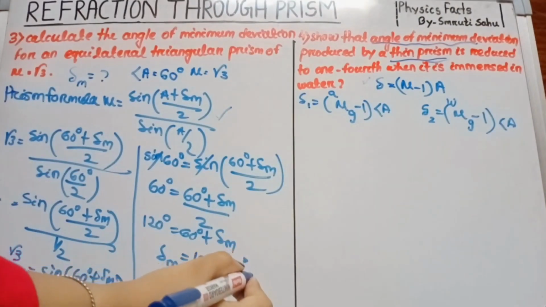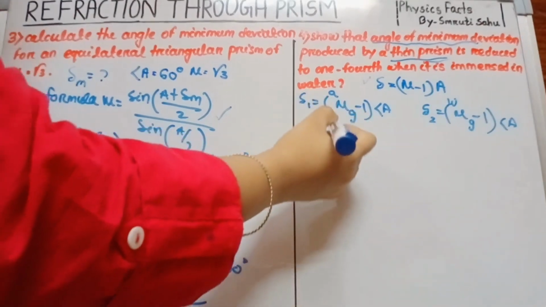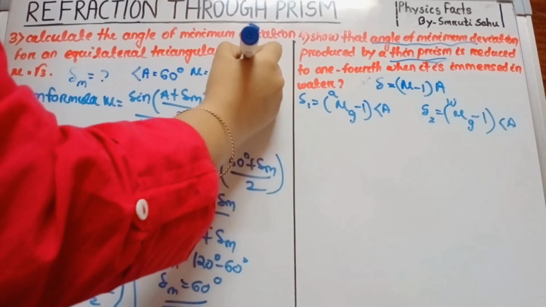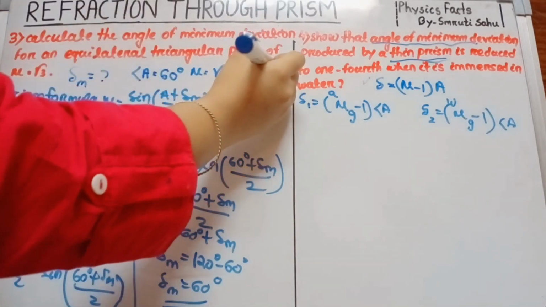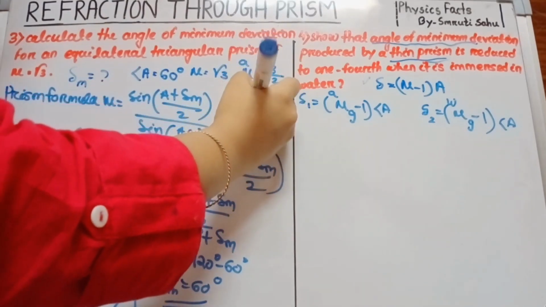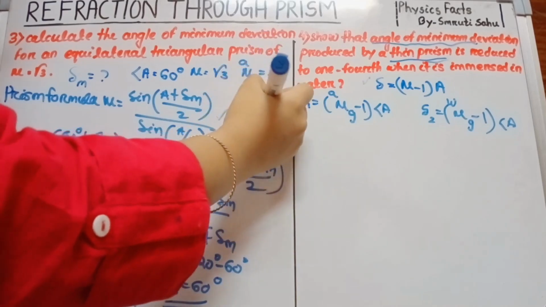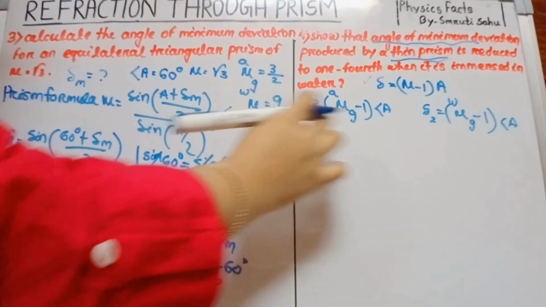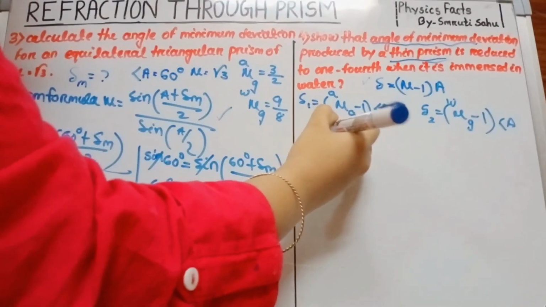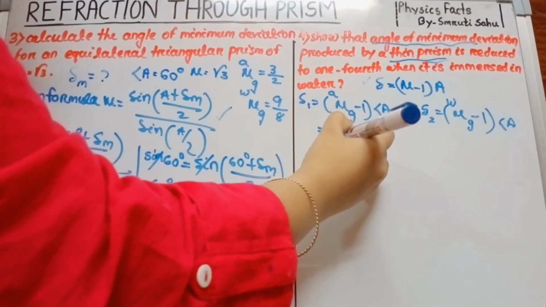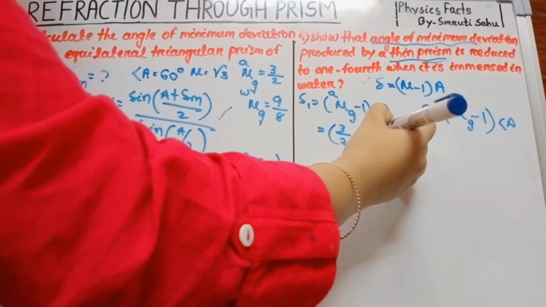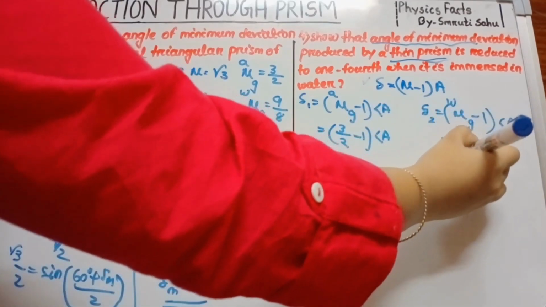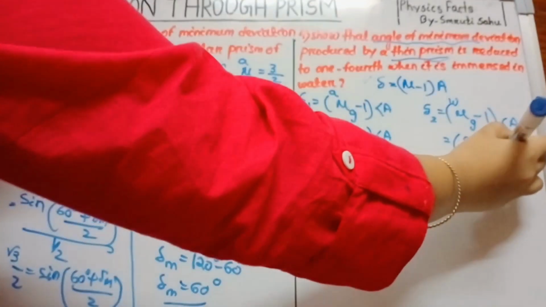You clear, students? In the question it is given that the refractive index of glass with respect to air is 3 by 2, and with respect to water is 9 by 8. Put the values here: delta 1 equals 3 by 2 minus 1 into the angle of prism, and delta 2 equals 9 by 8 minus 1 into the angle of prism.